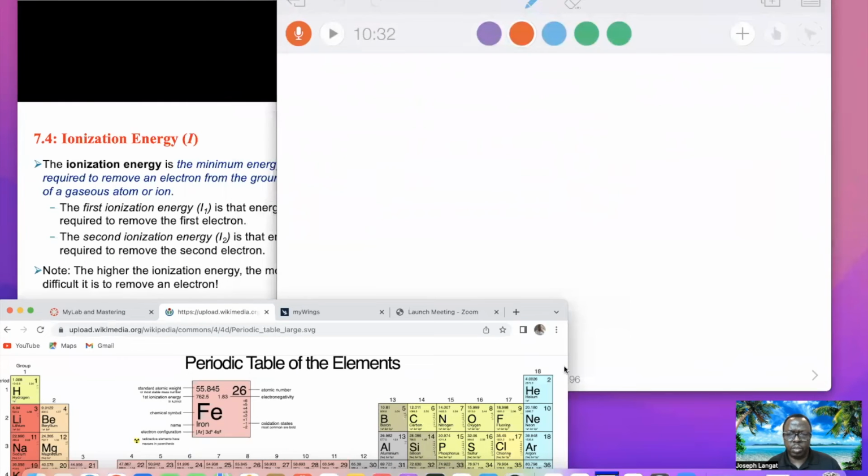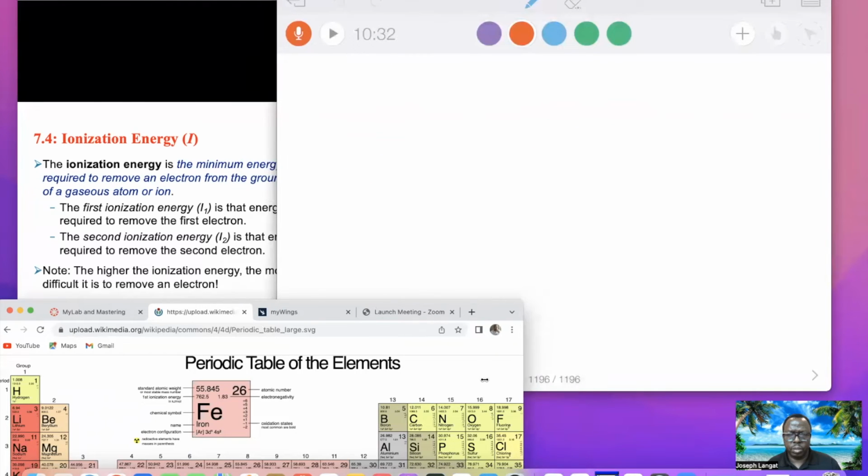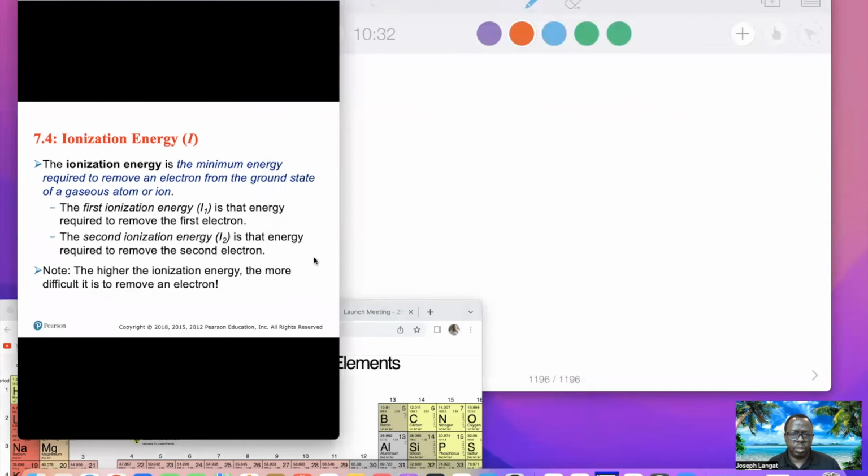First ionization energy: sodium going to Na+ plus 1 electron. This is first ionization energy.